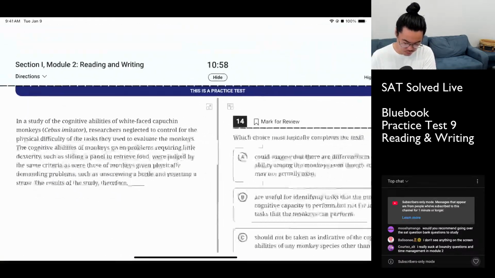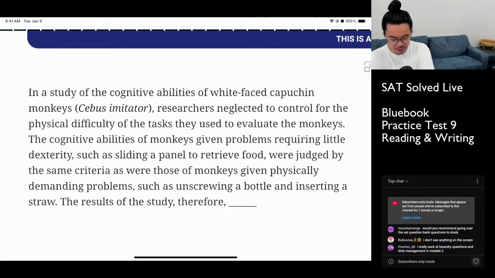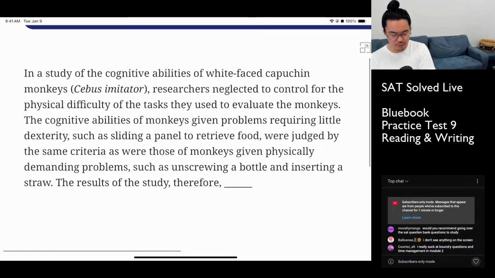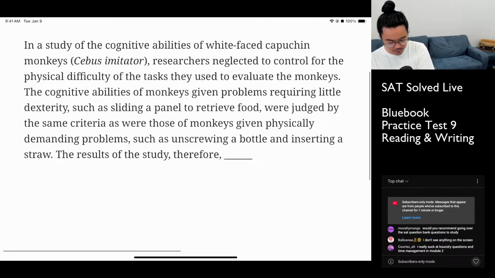14. With 11 minutes left, I'm very behind. In a study of the cognitive abilities of monkeys, we failed to control for the physical difficulty of the tasks. So the cognitive abilities for low physical difficulty were judged by the same criteria as monkeys who were given physically demanding problems, like unscrewing.